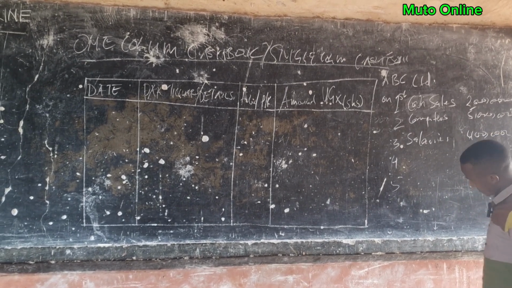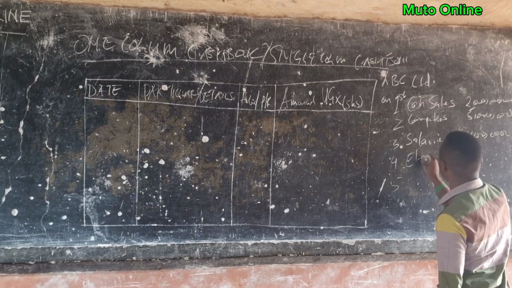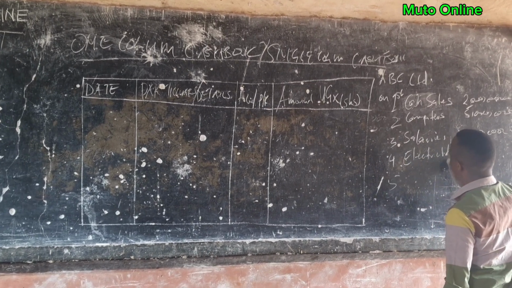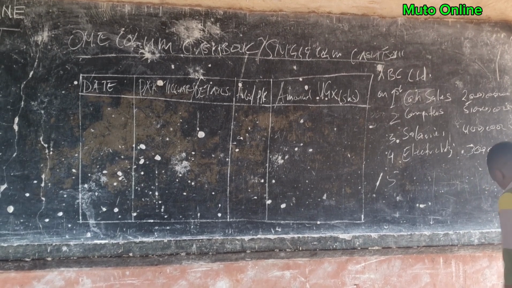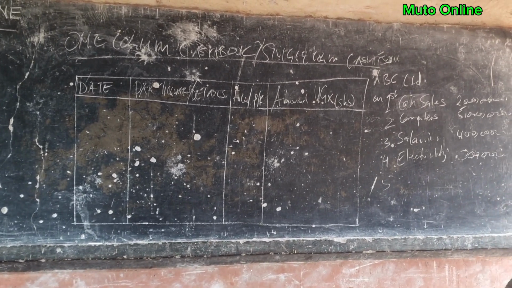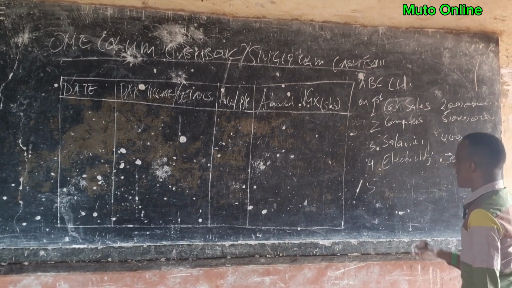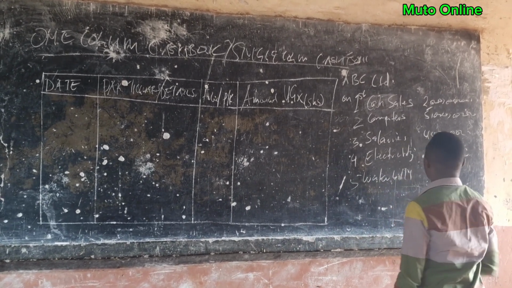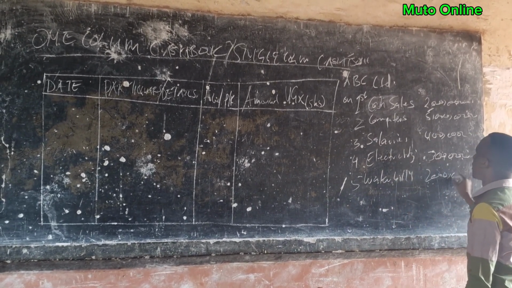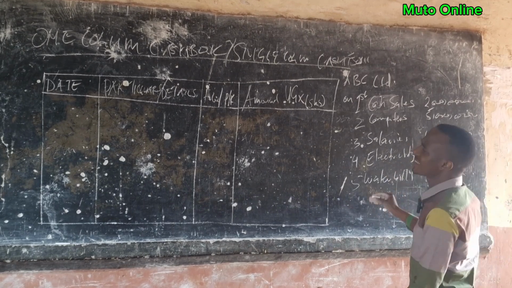On the 4th, paid electricity worth 300,000. And on the 5th, we could say paid water bills worth maybe 200,000. How do we enter this transaction?